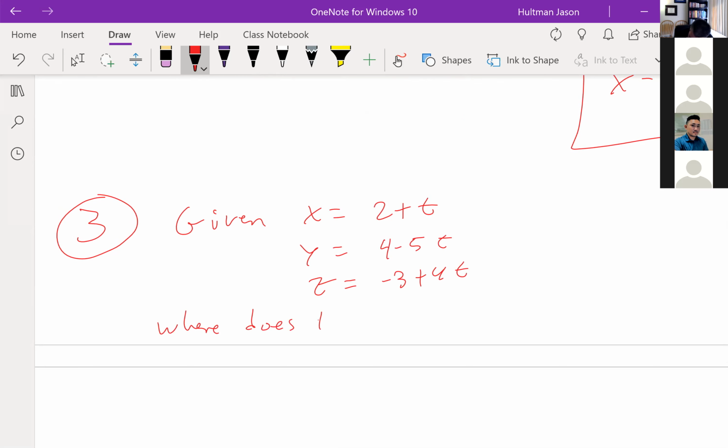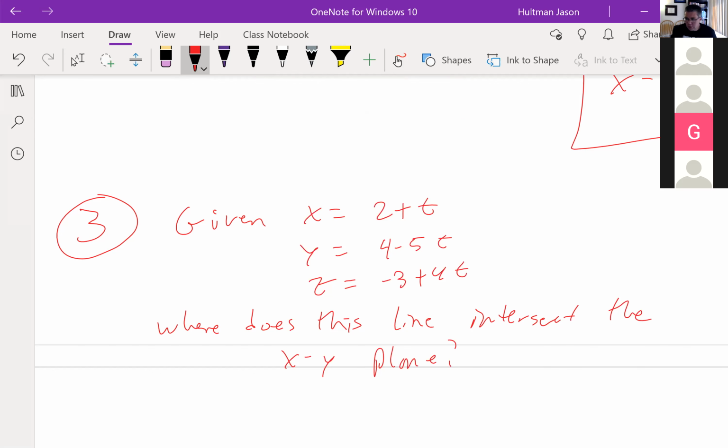Where does that line intersect the xy plane? Okay, well, what do we know about the xy plane? Any ideas here?